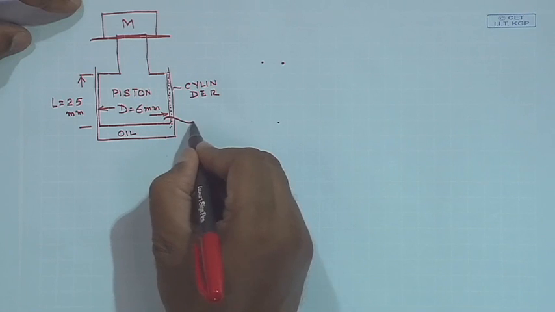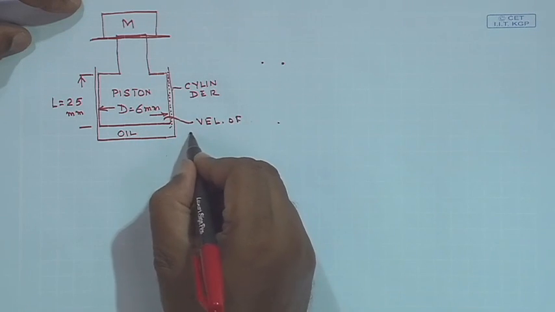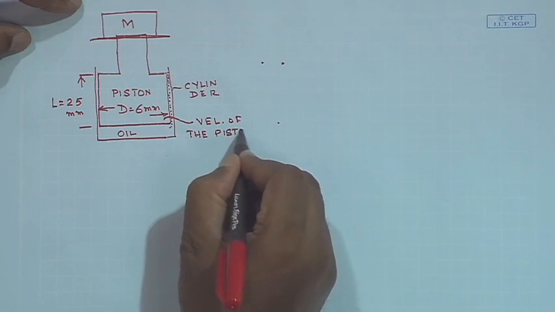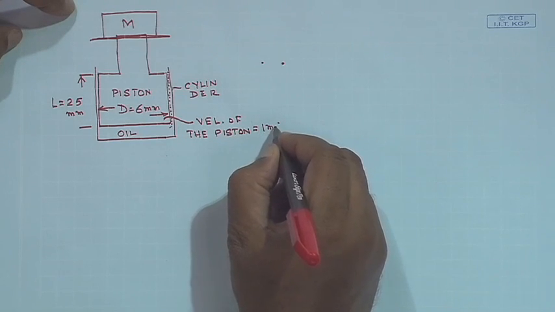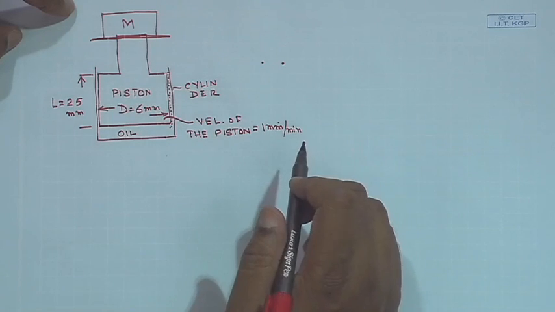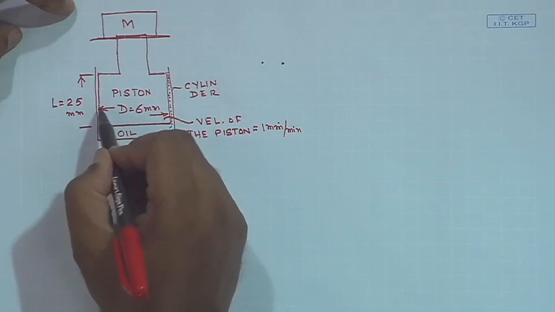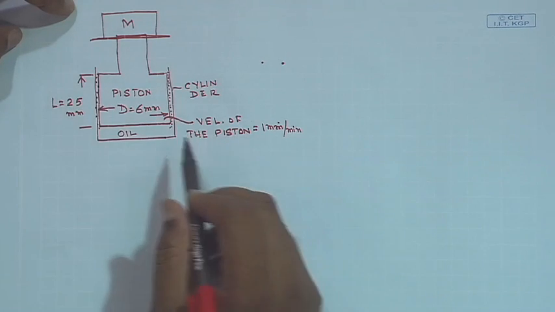The velocity of the piston is equal to 1 millimeter per minute. So, you can see the piston is coming down at a very slow velocity, and as a result the oil is leaking from here.